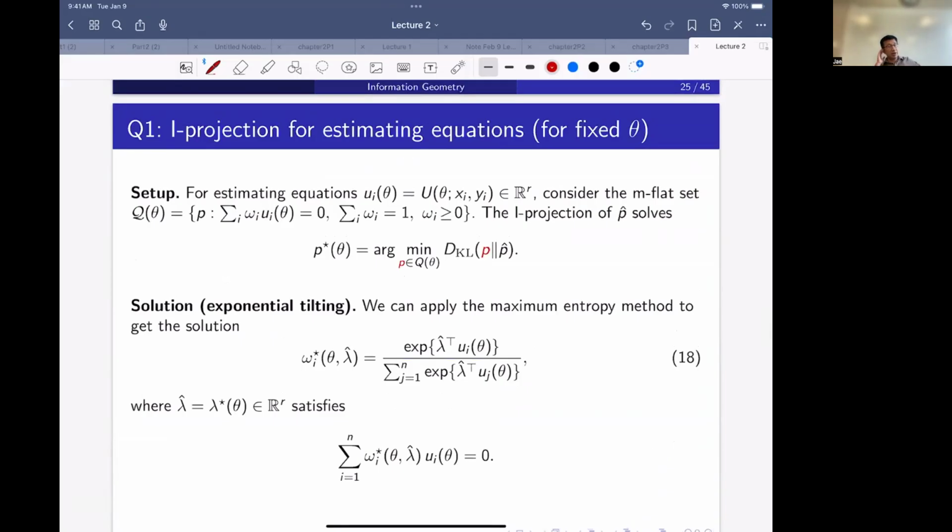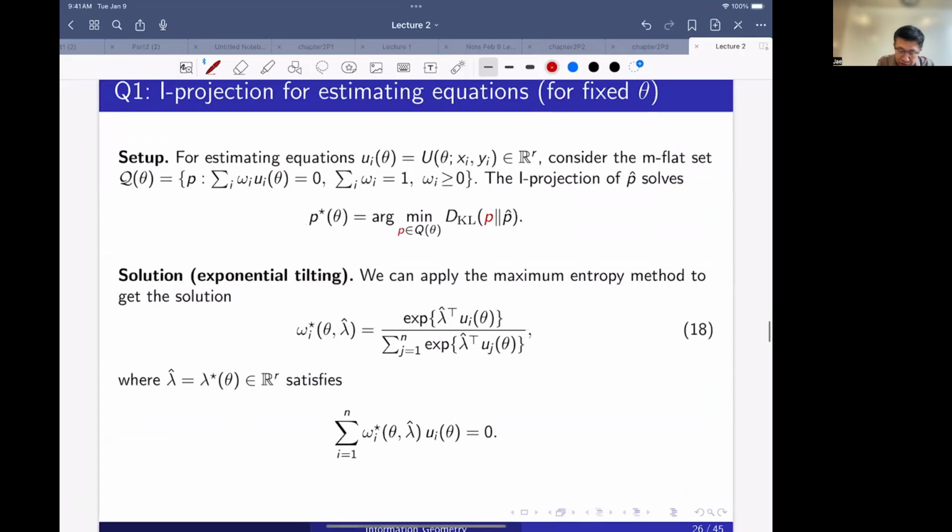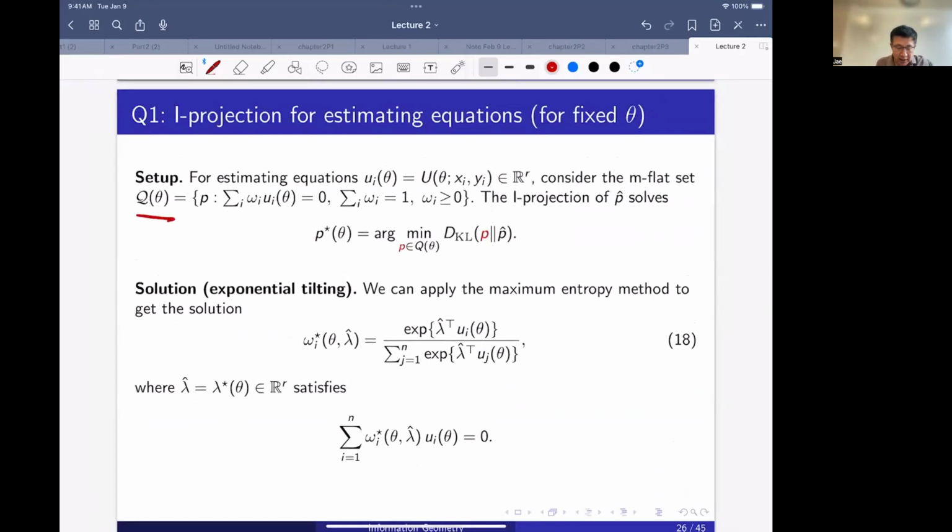So the first question is easy to solve because we already know the answer, because it's basically the same as the first example. See, this is basically your Q space, the M plus space set is just this one. So this P is indeed completely characterized by omega. And then this is the constraint.